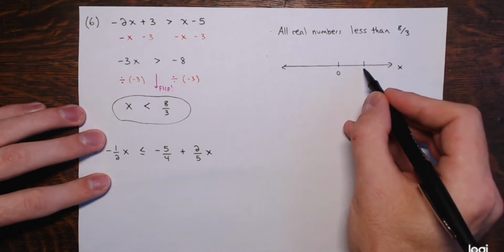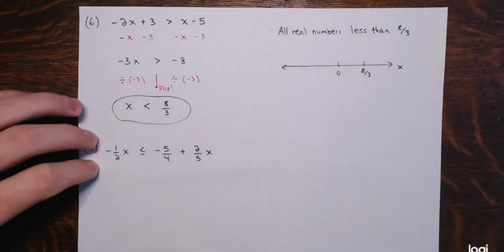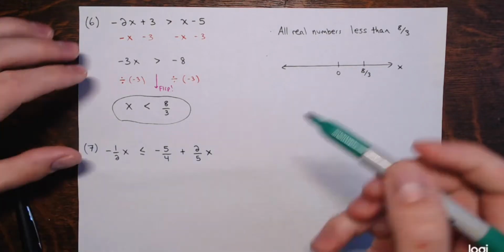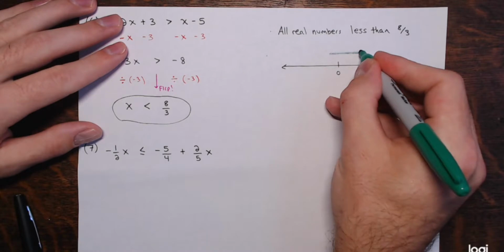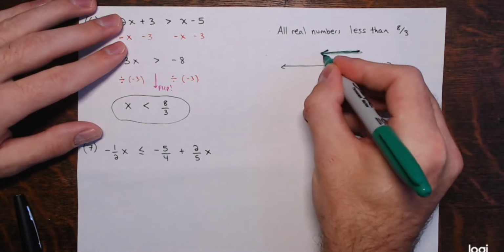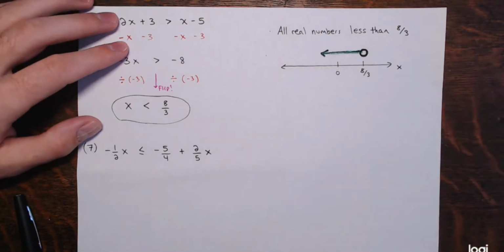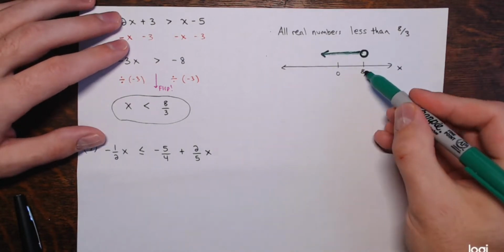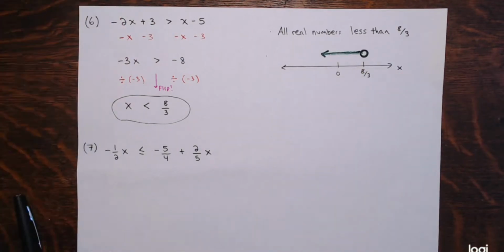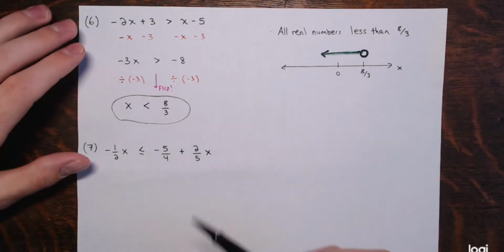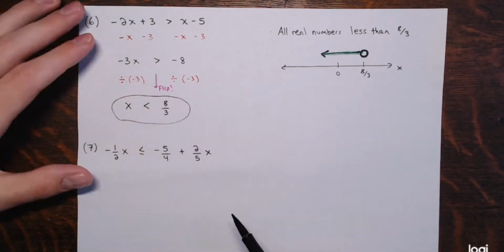This is positive 8/3, so that'd be somewhere to the right of 0. Our solutions are the numbers less than 8/3, so these numbers to the left forever, but not 8/3 itself. So notice the open point above 8/3. And again, I leave it to you to test these values in the original inequality and see if you get true statements or not.